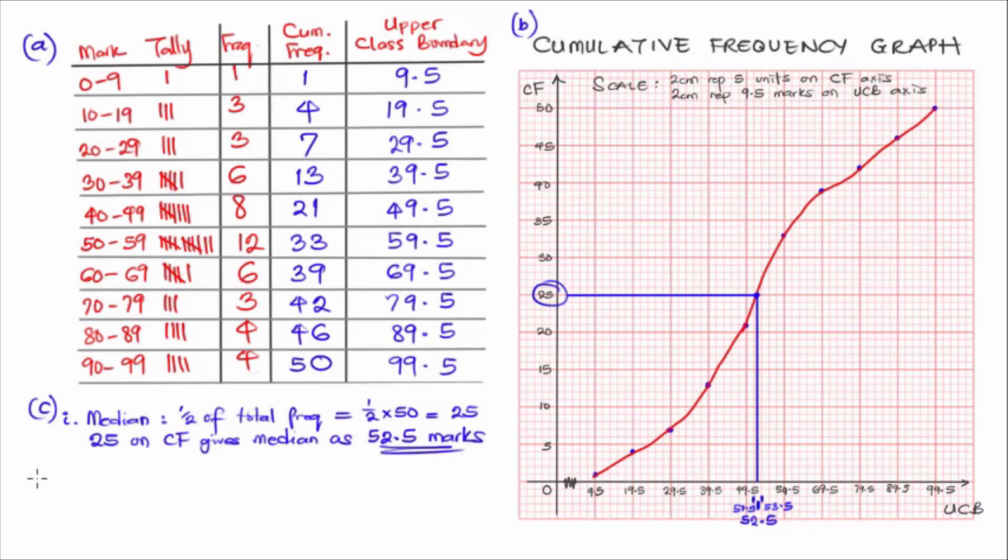So finally, we are also asked to find the percentage of students. Now notice, this is not marks. We are to find the percentage of students that scored at least 66 marks. Okay? Now, we are told at least 66 marks.